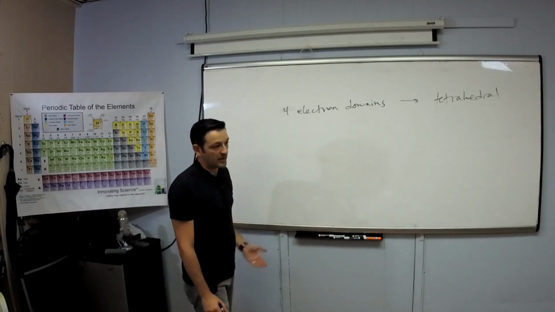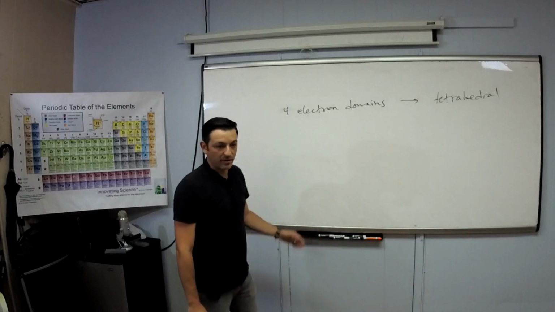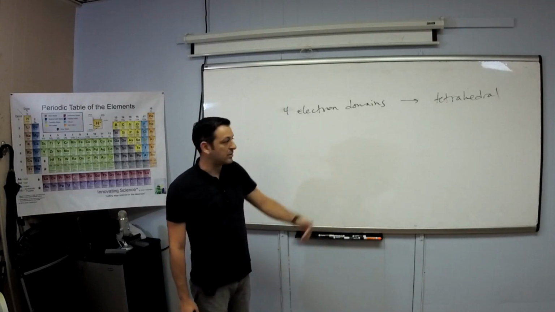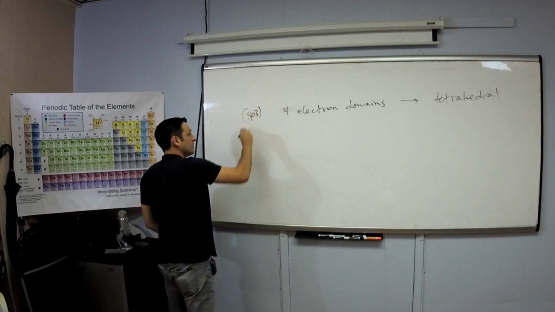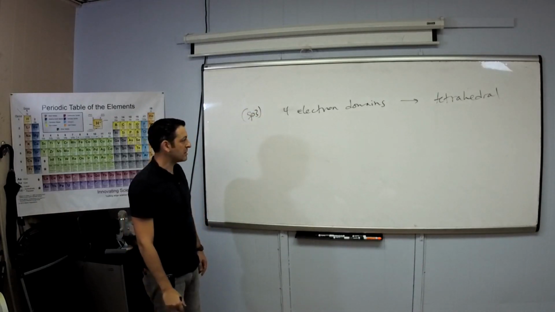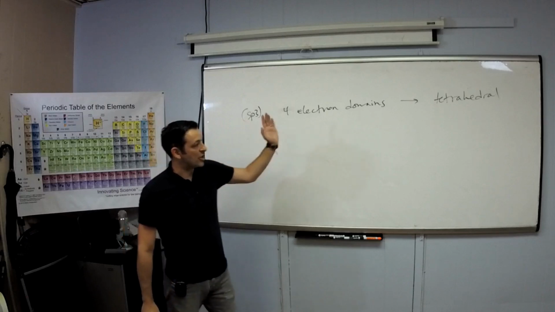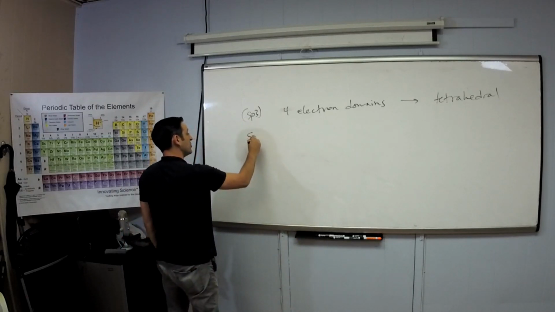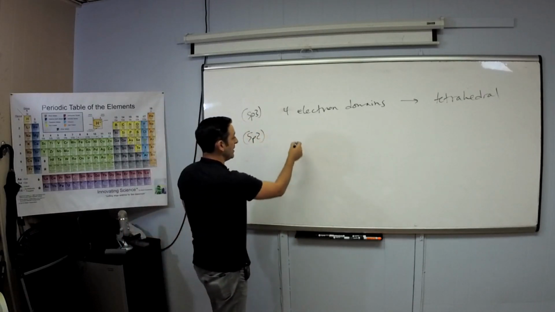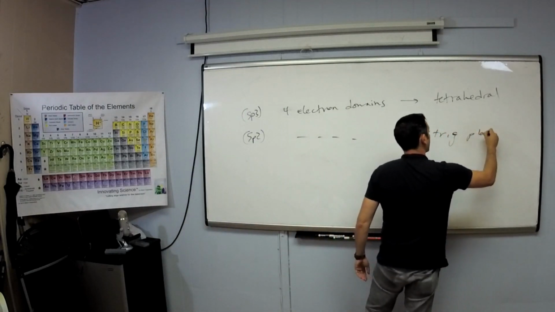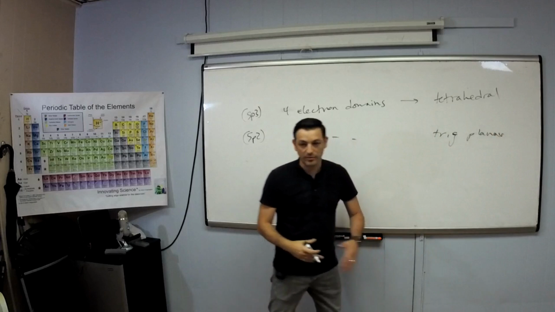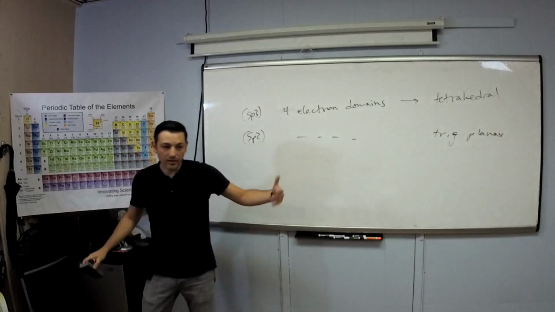If it's 3 domains, it's trigonal planar. If it's 2 domains, it's linear. Also, something with 4 domains is sp3. Does that make sense? So sp3, the electron domain geometry is tetrahedral. sp2, the electron domain geometry would be trigonal planar. This is just a review. We haven't done this vector addition yet.